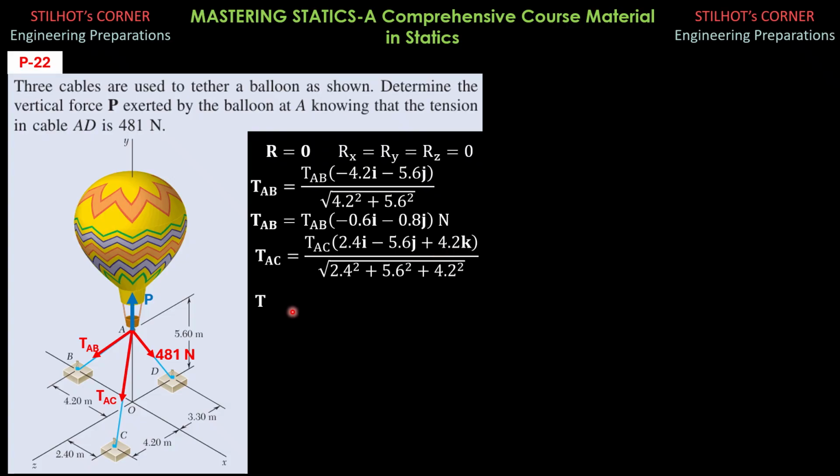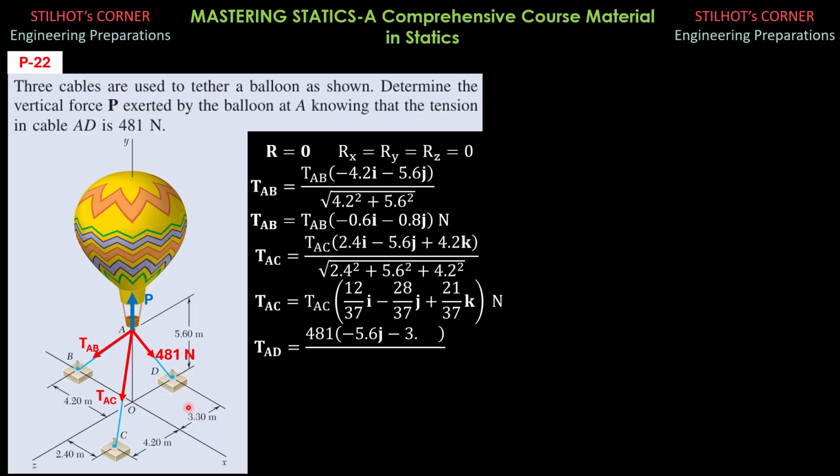So tension AC simplifying is equal to magnitude of tension AC times quantity 12 over 37 I minus 28 over 37 J plus 21 over 37 K. Then tension AD is 481 times quantity negative 3.3 I, negative 5.6 J, then negative 3.3 K over square root of 5.6 square plus 3.3 square.